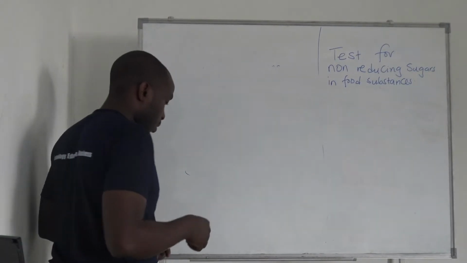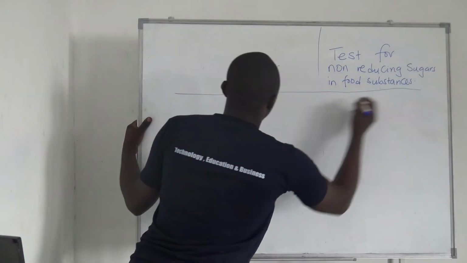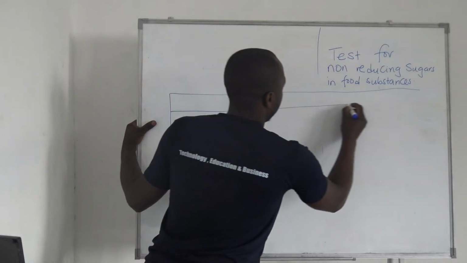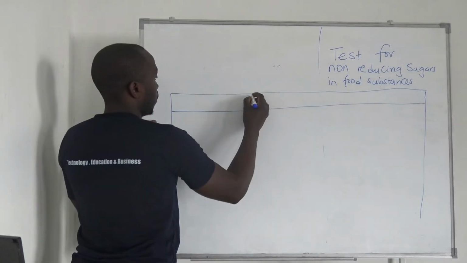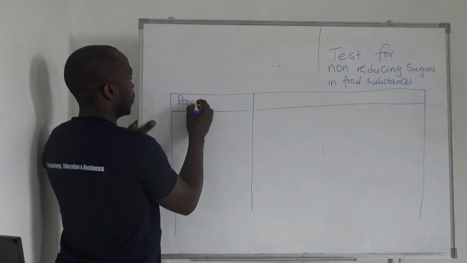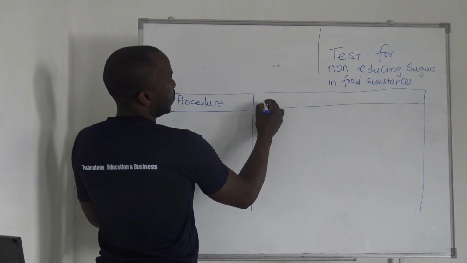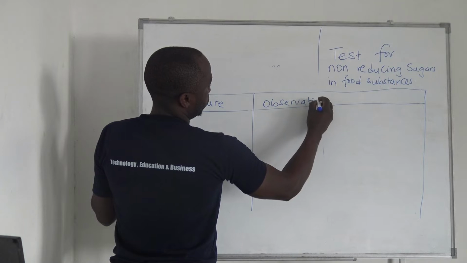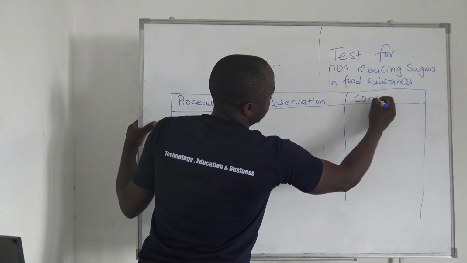The table would be in the formats we looked at earlier, with the test procedure, the observation, and then the conclusion.